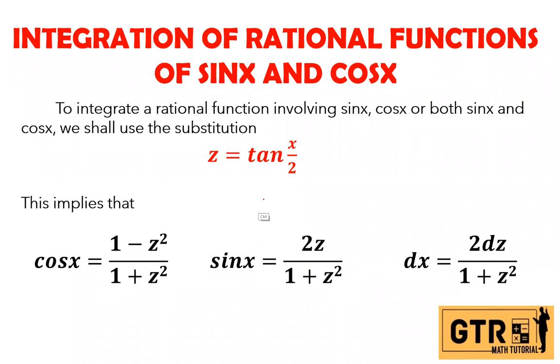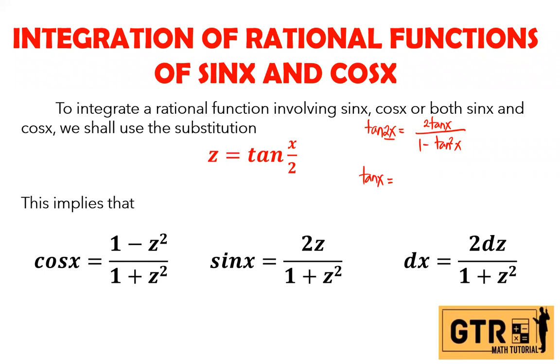We begin by using the double angle identity for tangent 2x. For tangent 2x, we have the identity 2 tangent x over 1 minus tangent squared x. But let's substitute 2x to x. So therefore, we have tangent x is equal to, so divide the angle.